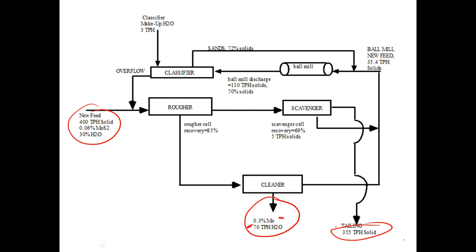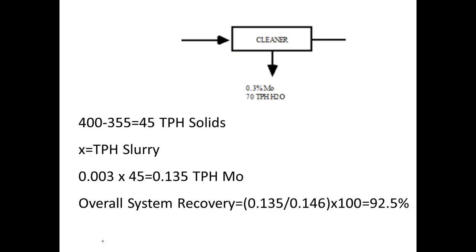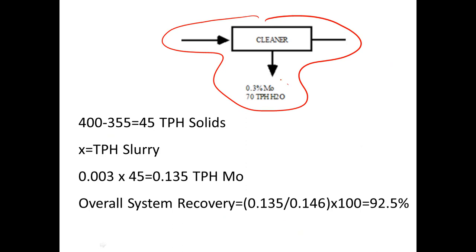And our total tailing weight is given along with the new feed given values and that classifier makeup water of 3 tons per hour. So let's go ahead and focus then here on this cleaner concentrate stream. Here it is. And we're going to focus on the concentrate stream. 400 is the ton per hour solids in new feed.